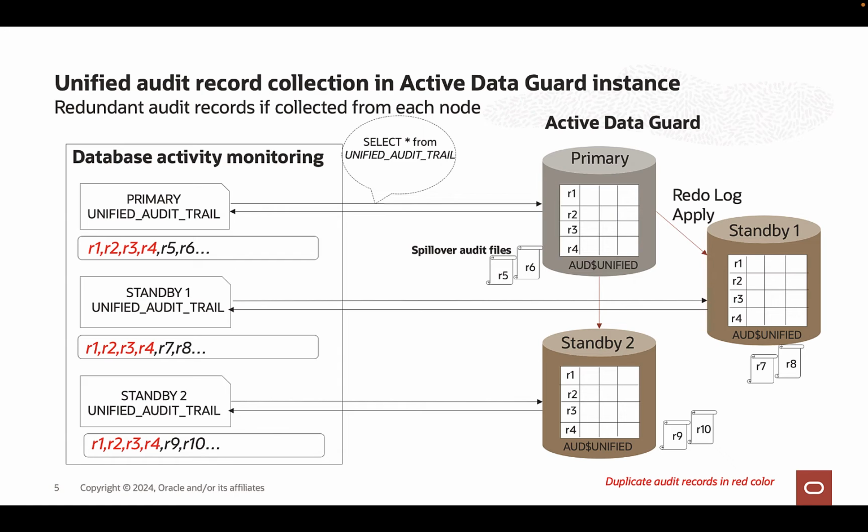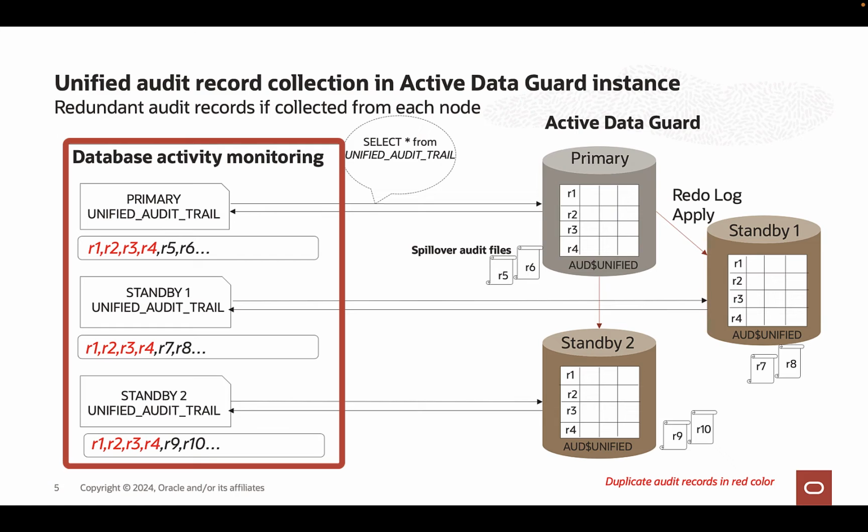Now, if you have a target for each database of the Active Data Guard configuration in Database Activity Monitoring solutions, collecting audit records from the UNIFIED_AUDIT_TRAIL in each of these databases will bring up redundant audit records from the database table. So the records R1 to R4 indicated in red are redundantly collected from all standby database targets, in addition to the spillover bin files relevant to the specific database.